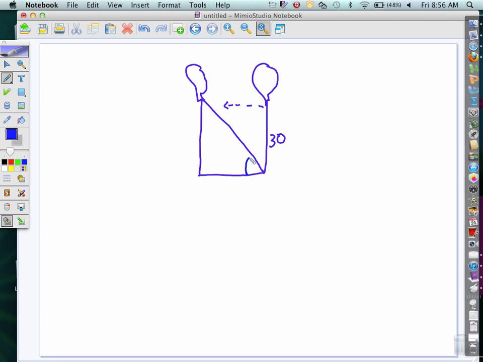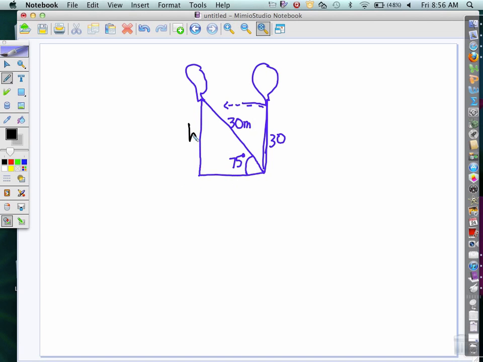All right, your angle of elevation, or the angle with the ground, is 75 degrees. We know that this measurement right here, this 30, the wind is blowing it this way, so the 30 is my hypotenuse, 30 meters. And what they're asking us to find is the height, h.